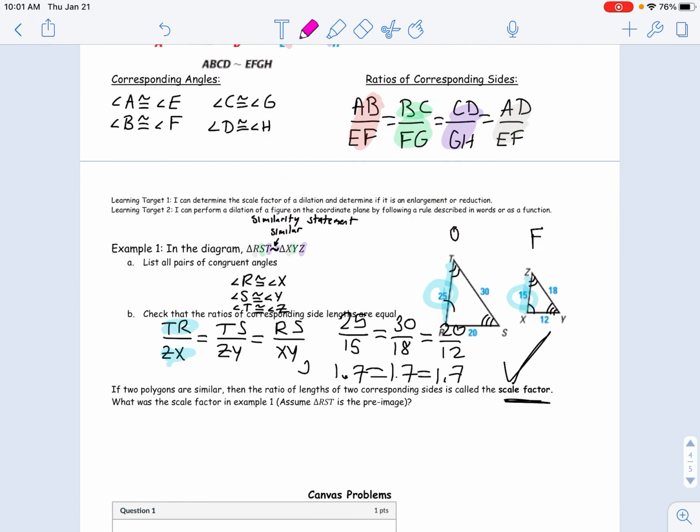Let's do 18 and 30. Match up corresponding sides. 18 is the final. The original was 30. So the final was 18 divided by 30. Let's just get a decimal for this. I think it's going to come out nice to 0.6, or 3/5 if we reduced. So that's the scale factor. We went from here to here. It was a reduction, so it was 0.6.